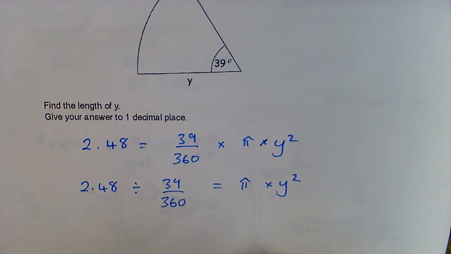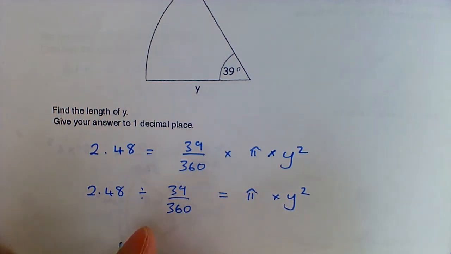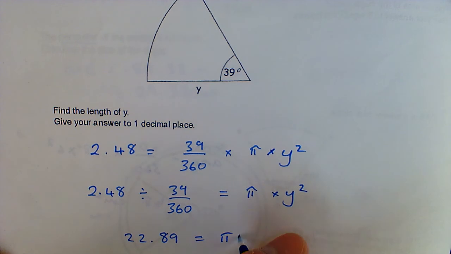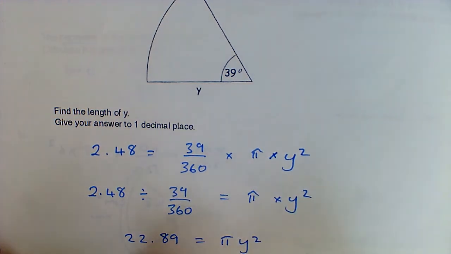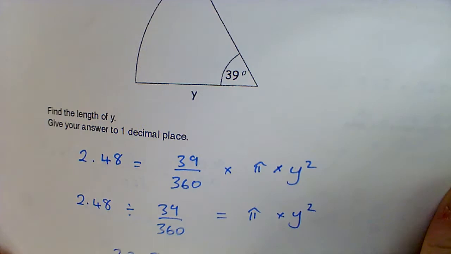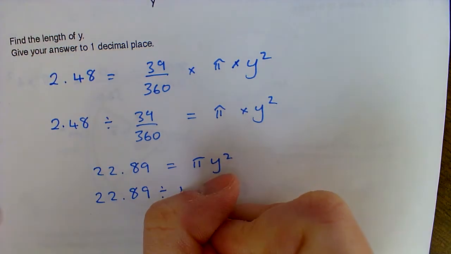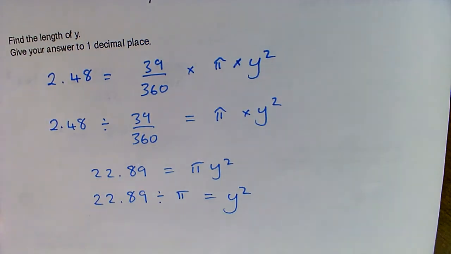So 2.48 divided by 39 over 360, and we get 22.89. Now I'm going to have to bring this pi across, so I'm going to divide by pi, and that will give us what y squared is.